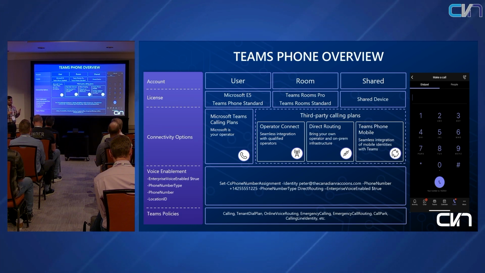For Operator Connect, you would have to reach out to your respective operator for their services and sign up with their agreements, and then you can have everything managed from your Teams admin center for Operator Connect as well. Same thing happens on Teams Phone Mobile. Teams Phone Mobile is a solution where you can have the same phone number on your Teams application as well as on your mobile app.